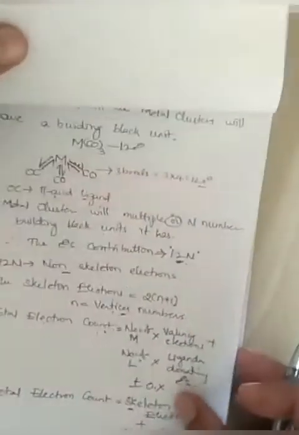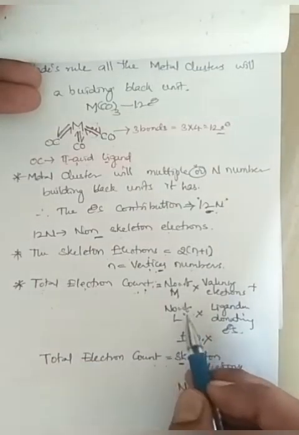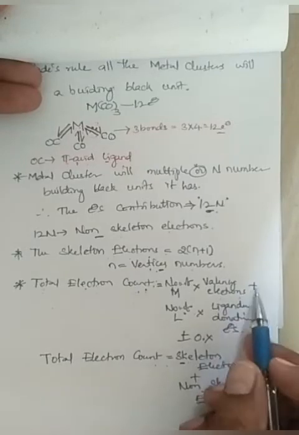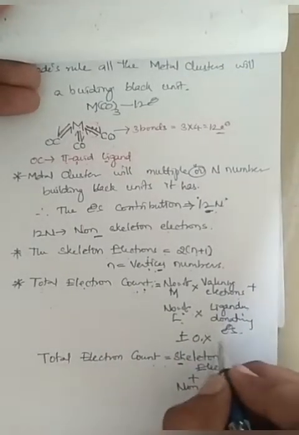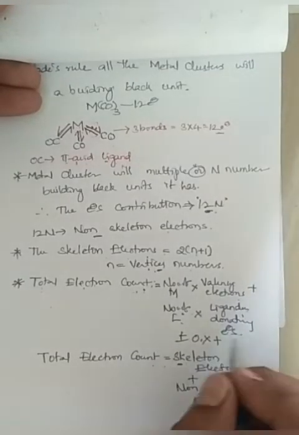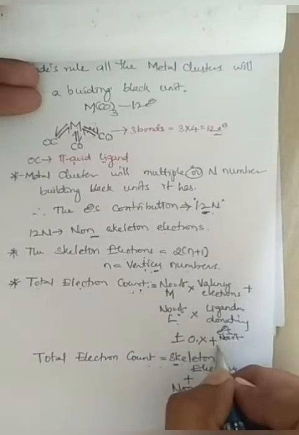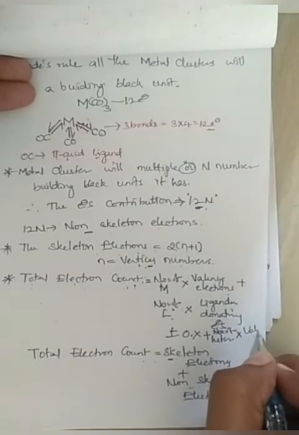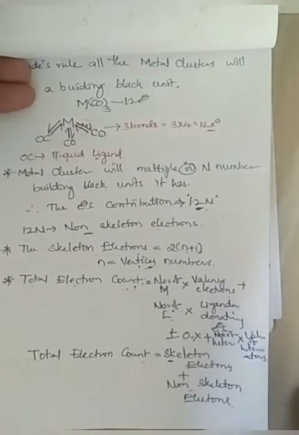Here one more thing we have to add is the total electron count. What we said is that the total electron count is the number of metal atoms into valency of metal atom, plus number of ligands into ligand donated electrons, plus number of heteroatoms into valency of heteroatoms, plus or minus oxidation state.